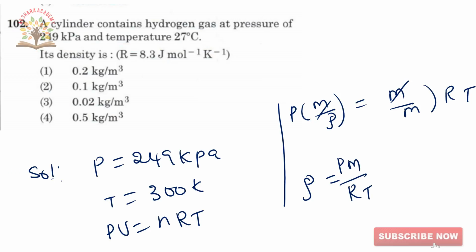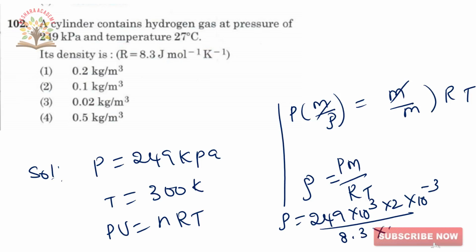Substituting values, rho is equal to 249 into 10 cube into 2 into 10 to the power of minus 3 by 8.3 into 300. Finally we get rho is equal to 0.2 kilogram per meter cube. This is the final answer, so the first option is the correct option.